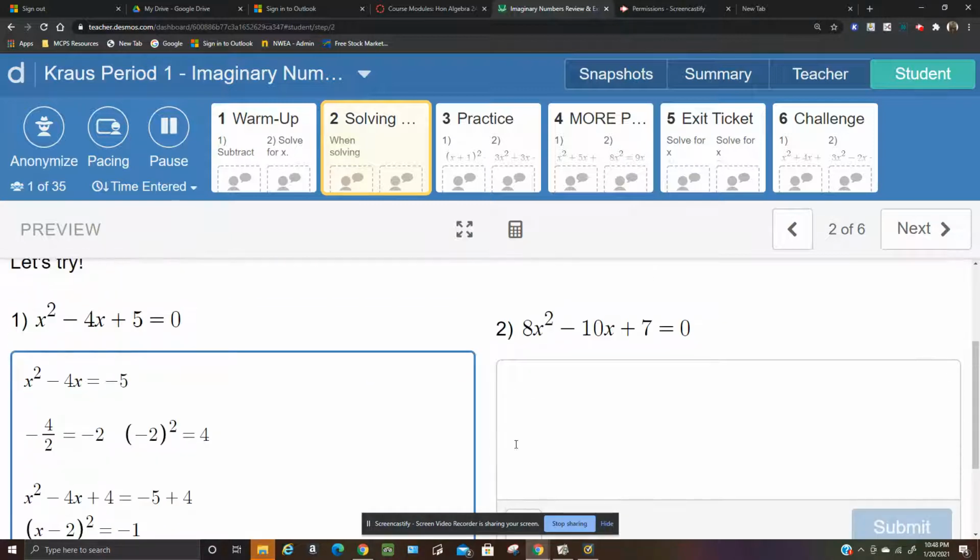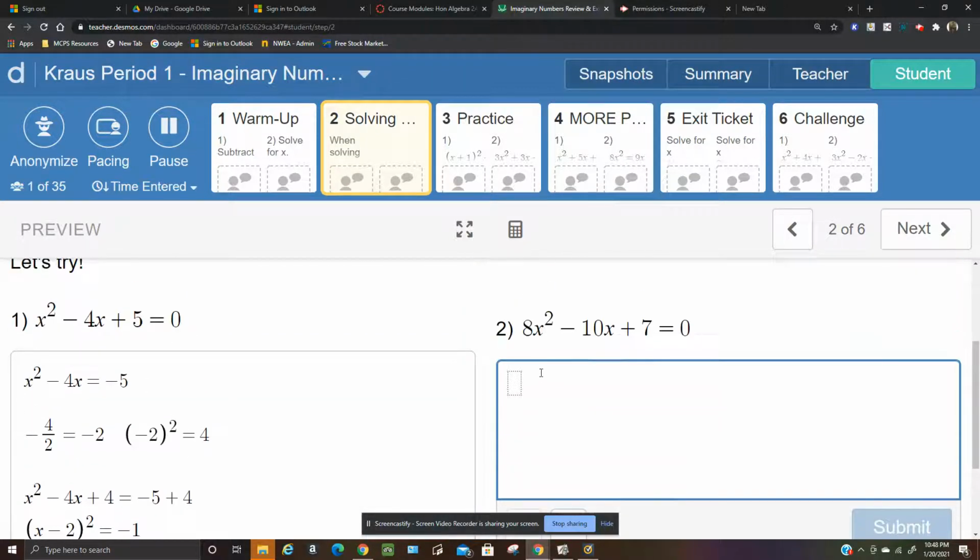This one here, use the quadratic formula. So the opposite of negative 10 is positive 10. So 10 plus or minus 10 squared would be 100.